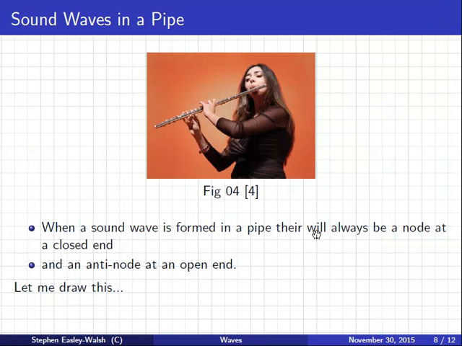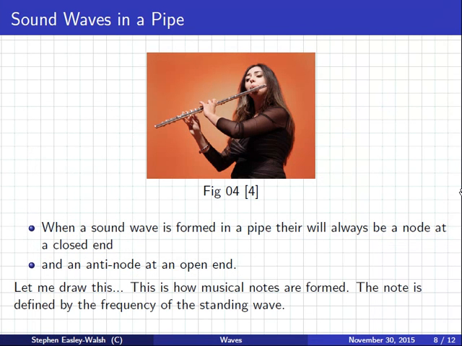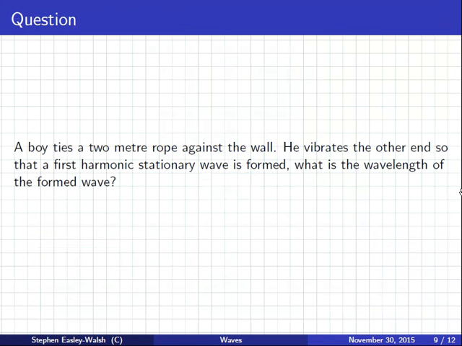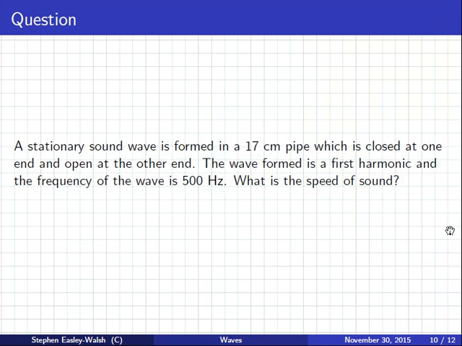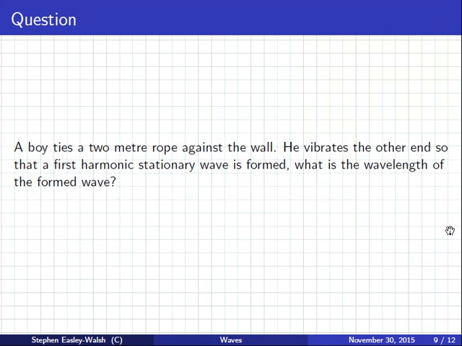Right, anyways, we drew that plenty. So let's have a look at an example. I've got two examples to do. So first question, can you write this down? A boy ties a 2-meter rope against the wall and he vibrates the other end so that a first harmonic, what's another name for a first harmonic? Fundamental is formed. What is the wavelength of the formed wave? Okay, try this.